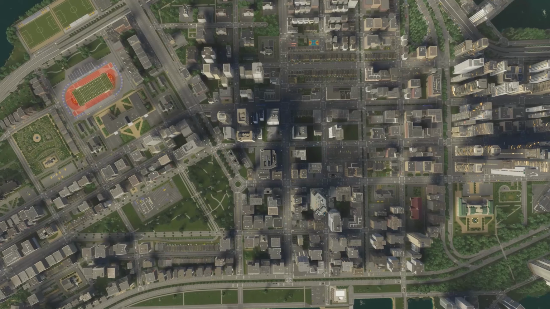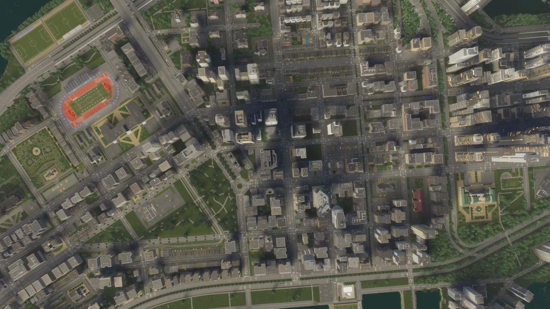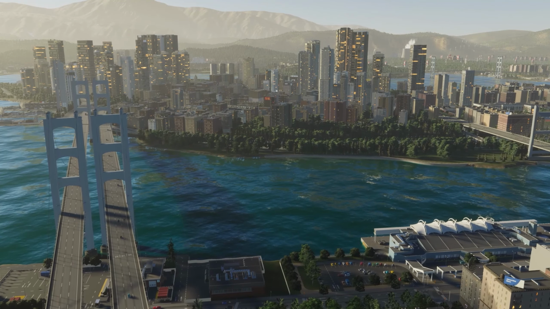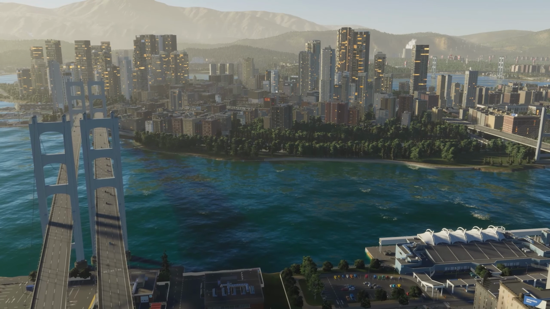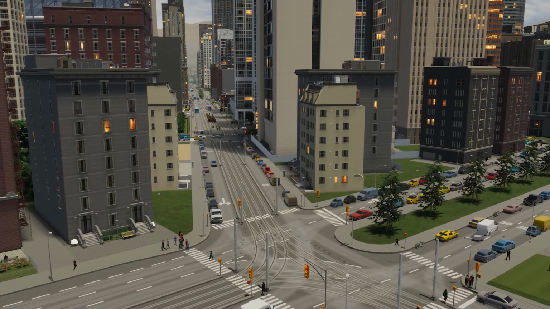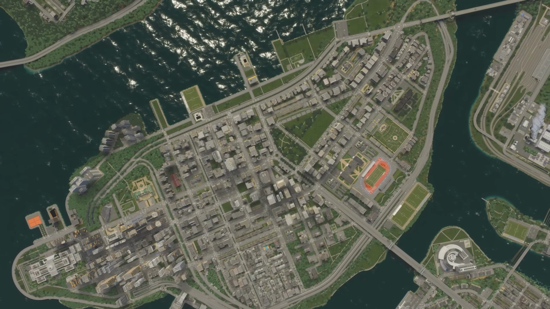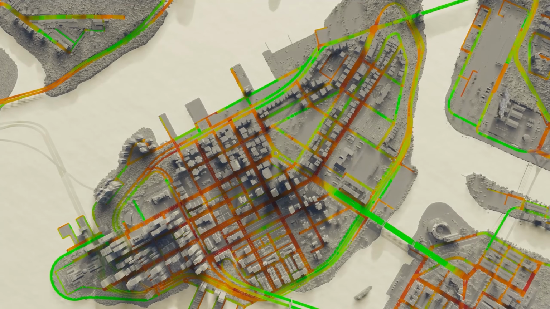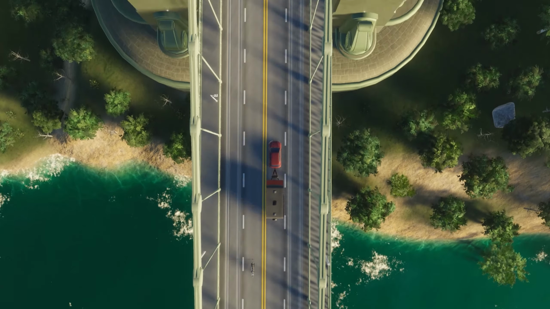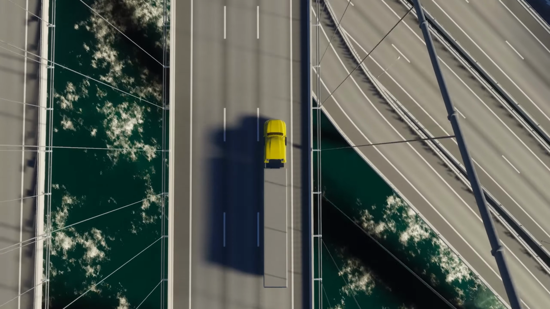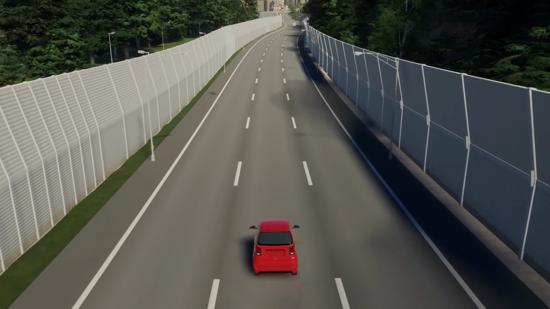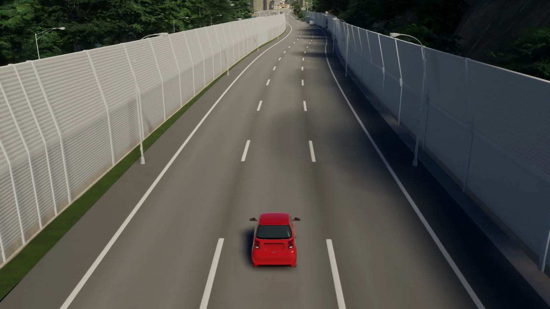So this is all set up just like in real life, which is basically how we all set that up in Cities Skylines 1 as well. And the vehicles will still try to get into the roundabout as fast as they can if there is a small gap between vehicles already in the roundabout, which makes the traffic flow a little bit better.